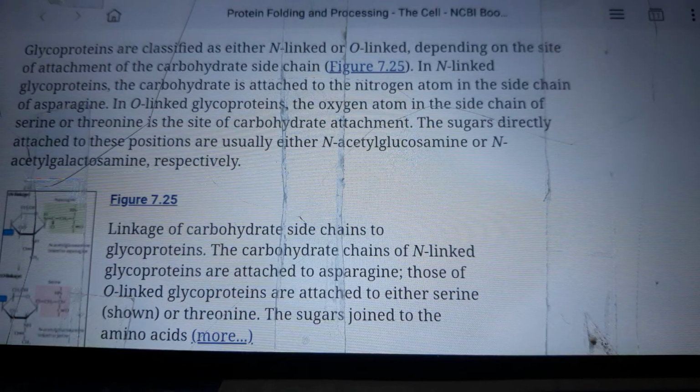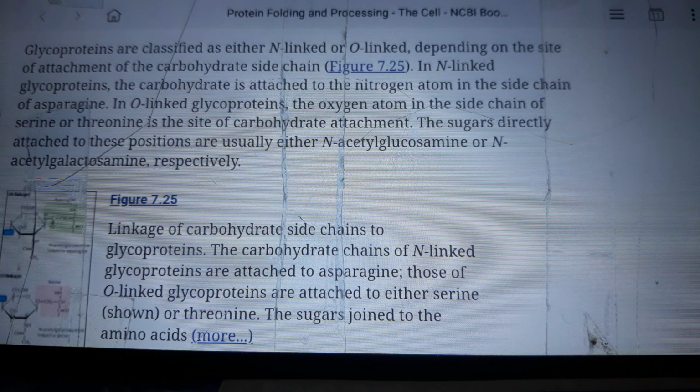Glycoproteins are classified as either N-linked or O-linked depending on the site of attachment of the carbohydrate side chain, which is visible on the figure given here, figure 7.25. In N-linked glycoproteins, the carbohydrate is attached to the nitrogen atom in the side chain of asparagine.